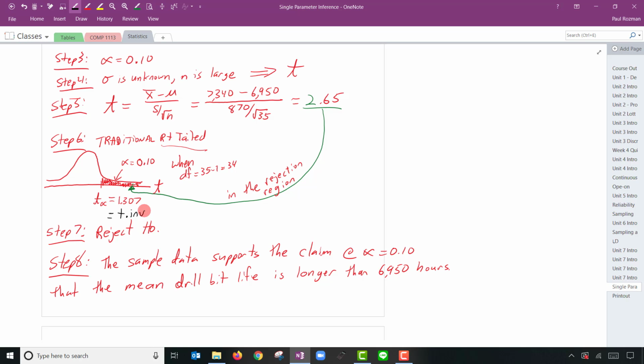And I think there's a t dot inv to the right, but I'm not sure. Usually our inverse function, almost all of our functions go to the left. So I know that if I do t dot inv 90% with 34 degrees of freedom, I'll get that number. I'm not sure if there's a t dot inv dot right. If there is, then you could put 10%.